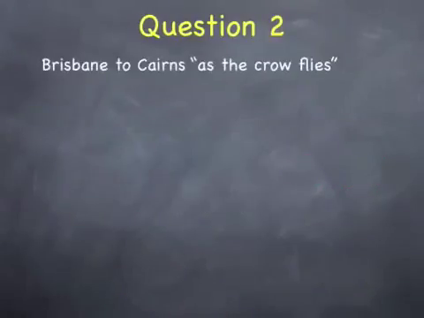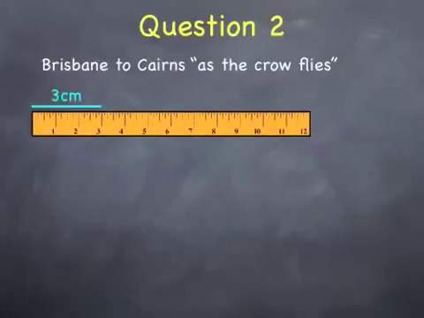Okay, question 2. Brisbane to Cairns as the crow flies. Draw a straight line from Brisbane to Cairns and measure the distance in centimetres, then convert it. Okay, so as the crow flies is straight. Right, pause, do that, press play when you're ready. Okay, there's the line. Let's say that's the line from Brisbane to Cairns. When I measured it, I got 3 centimetres. If you're slightly different to that, like 2.8, 2.9, 3.1, 3.2, that's okay in the questions that are coming up.